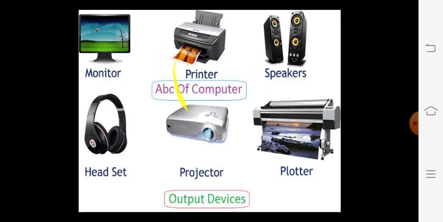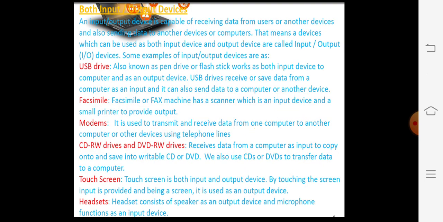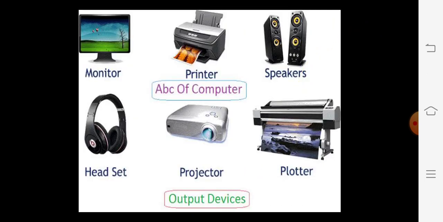What is the responsibility of a printer? It is used to take hard copies from the soft copies of a document. Then the speaker is used for hearing audio signals, and the headset has the same responsibility as the speaker. And the plotter is mainly used for taking printouts or hard copies of pictures.